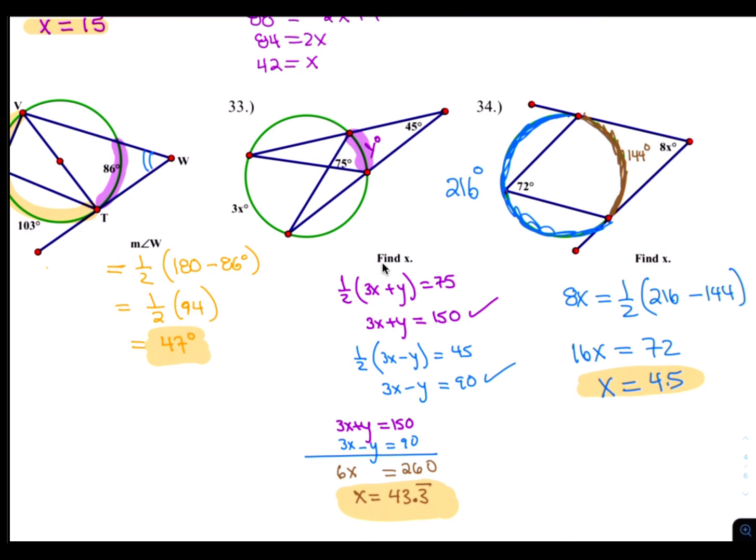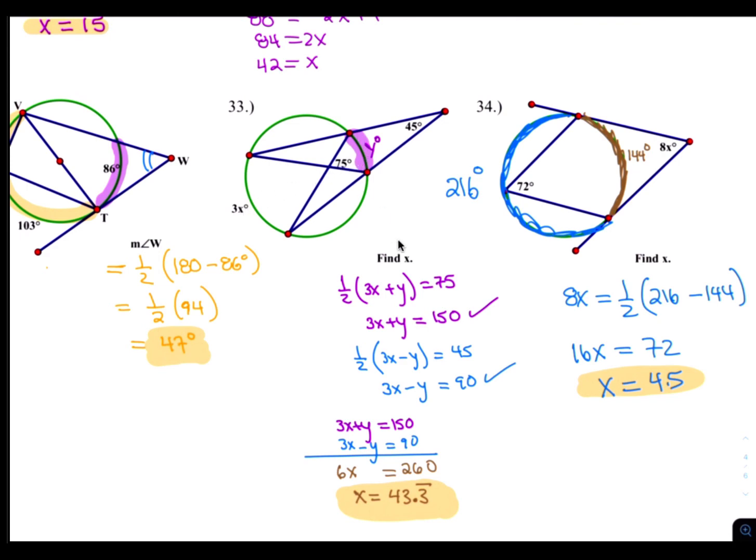For number 33, we want to find x. Now, there's not enough information to find x just yet. We actually need to figure out the measure of this small angle here, or this small arc here. We're going to call it y. Now we see that this is 75 degrees, that's an interior angle, and we know that this angle 75 is half the sum of these two arcs.